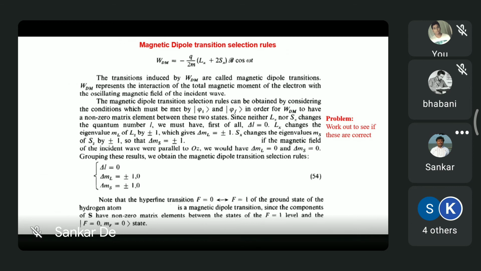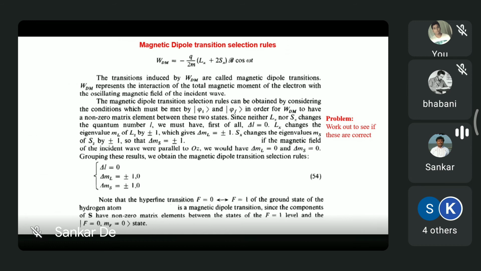And then you have the magnetic field B. Now you have to find out the condition on ML and MS, because you have L and S operators, and therefore Sx changes the eigenvalue ML of Lz. Now why Lz? Because even if you have a magnetic field along the x direction, your propagation direction is along z.